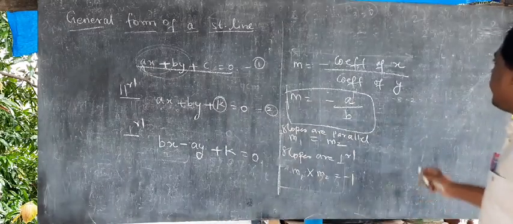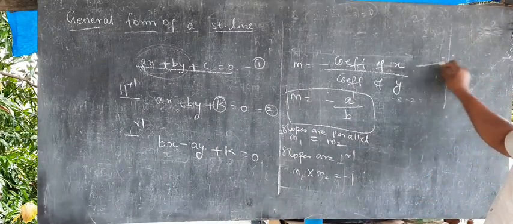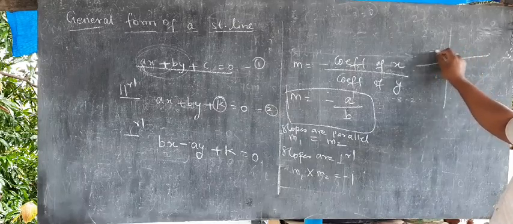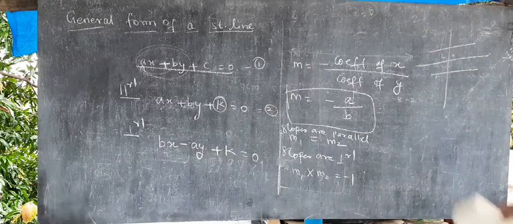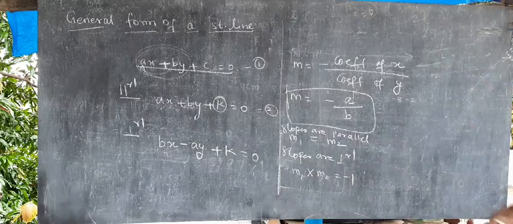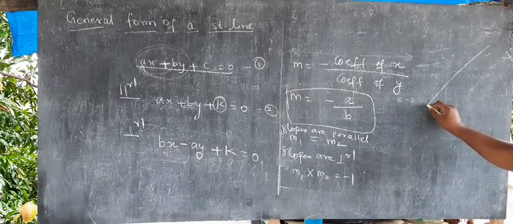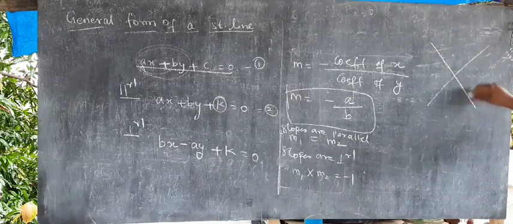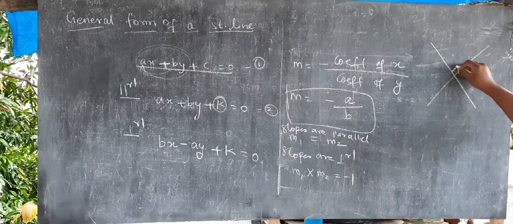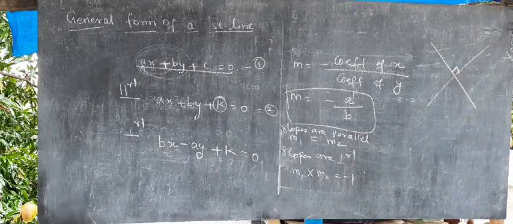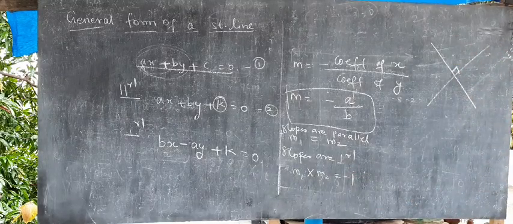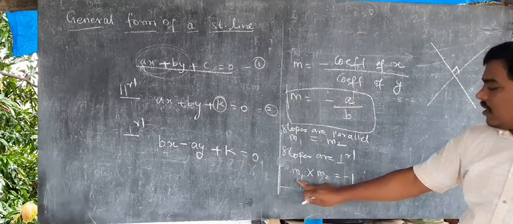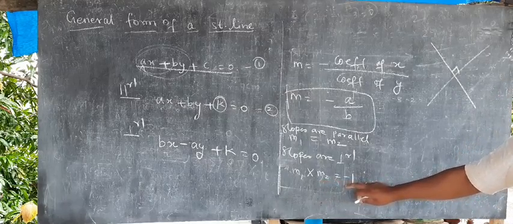Slopes are parallel means we have one graph, here one line, here another line; the slopes are parallel, that's all. Slopes are perpendicular means one slope is like this, and another slope is perpendicular to this. We get 90 degrees. Whenever we get 90 degrees between the slopes, that is called perpendicular. So as a shortcut, m1 into m2 equal to minus 1.